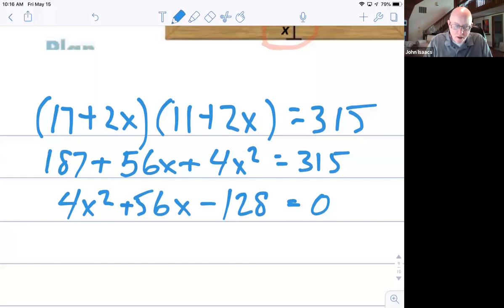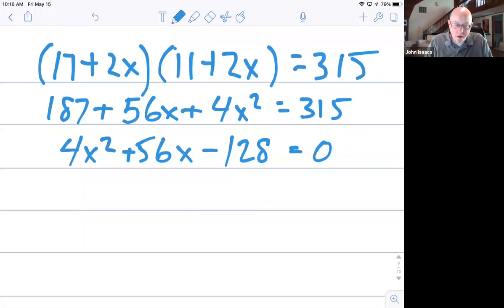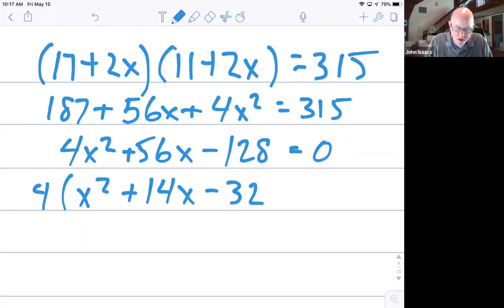And then 4 factors out of all that. Now that's going to lead to something that I want to talk about. 56 is going to be 14, and 128 is going to be 32, I think, equals 0. Okay, so notice we're equaling 0 on the right side. So 4 times whatever, the 4 doesn't matter. So we can actually just ignore it.